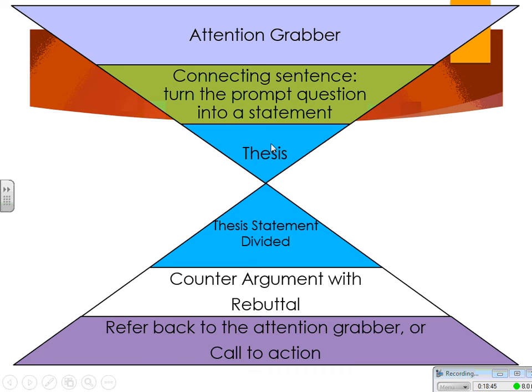They have a thesis statement, but I divide it into 2. A counter-argument, so instead of a connector, I have a counter. And then I go back to that attention grabber, or you can perform a call to action. So let's take a look and see exactly what all this means.